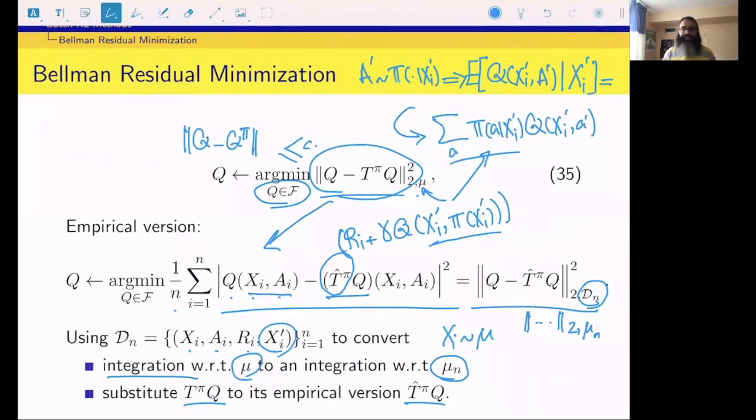If we had multiple next states from each single xi, then we could define this empirical Bellman operator a little bit differently. And in that case, the variance would depend on how many next states I have from each single state xi.